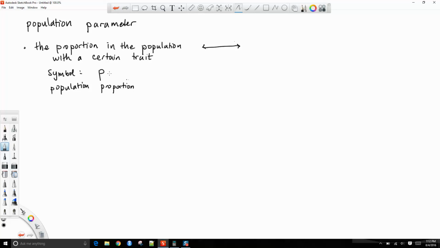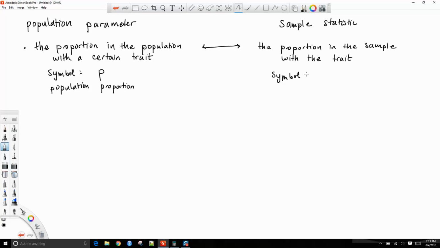So we've got P, and this is the population proportion. The corresponding sample statistic would be the proportion in the sample with the trait. Okay, and the symbol to distinguish it from the population proportion, we call it P hat.